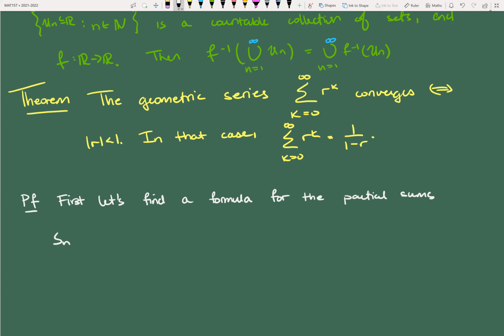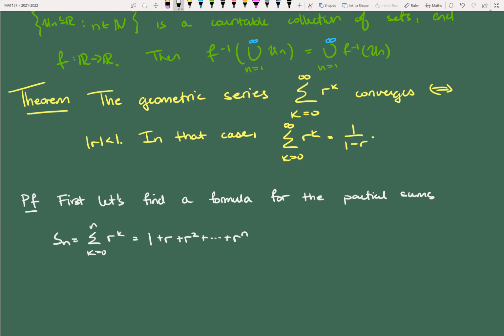Let's call it S_n, the sum from k equals 0 to n of r^k. Normally I'm very comfortable using sigma notation, but I do want to write this one out so you can see what's going on. That's the partial sum, the series that we're talking about.